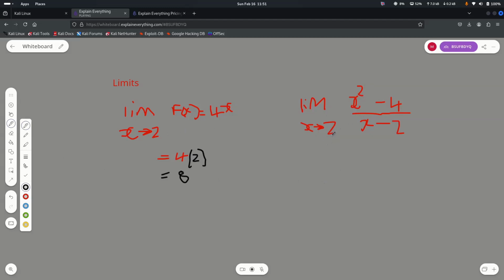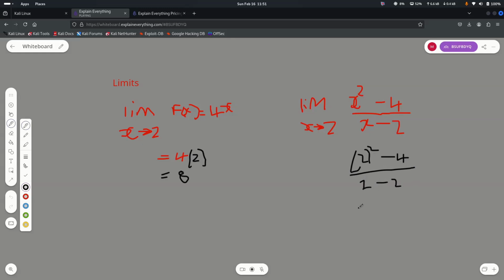Meaning we have to do whatever we have been doing before. We are going to take our 2 and place it wherever we see x. We are going to have 2 to the power 2 minus 4, all of these being divided by 2 minus 2.